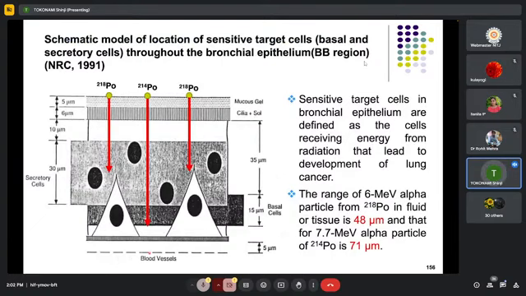This is a schematic model of location of sensitive target cells, basal and secretory cells, throughout the bronchial epithelium in capital BB region. Sensitive target cells in bronchial epithelium are defined as the cells receiving energy from radiation that lead to development of lung cancer.